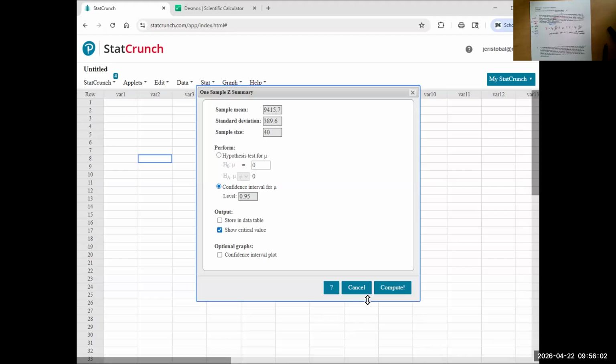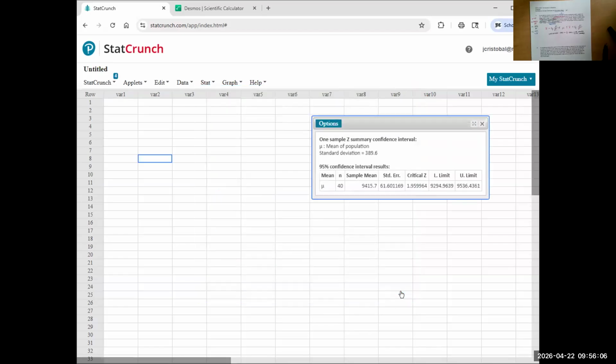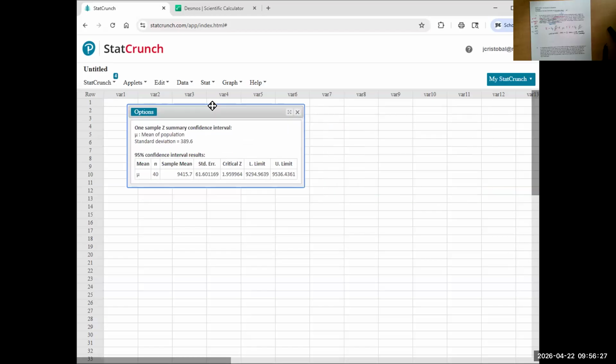We can show our critical value, so highlighting those components and computing, and notice the same critical z-score that we saw with a proportion. There's our sample size n, 40, and the sample mean we typed in. And now we have our lower limit and upper limit, that lower bound and upper bound based on that data.